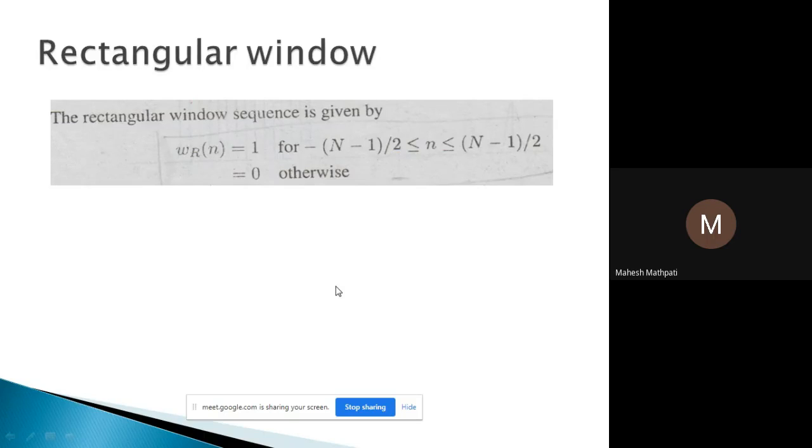And whether it is continuous or discrete? Continuous. Very good.